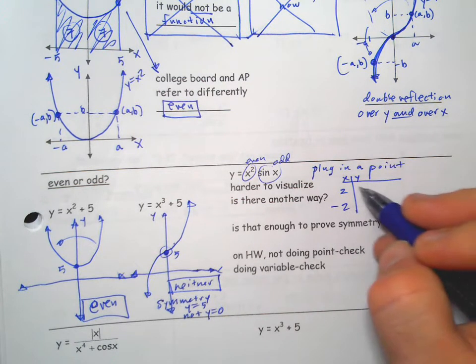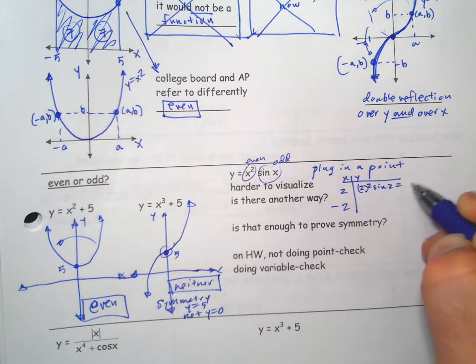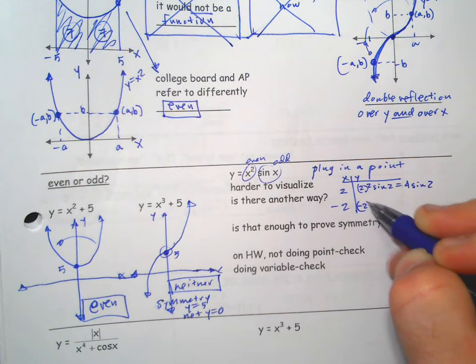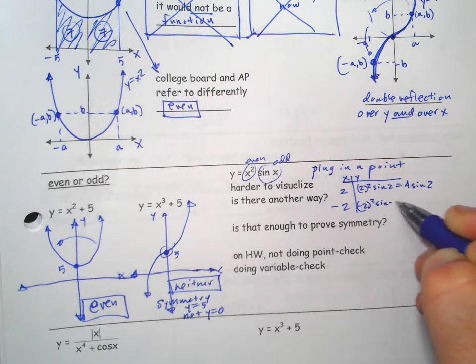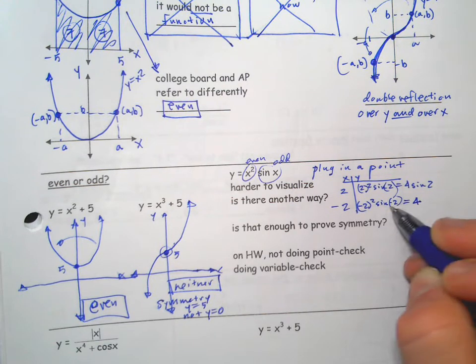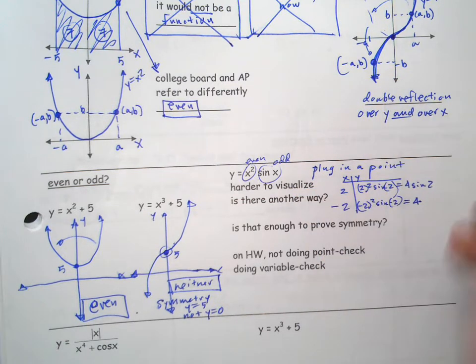If I plug 2 in, I get 2 squared times sine 2, which is 4 sine 2. And if you plug in negative 2, you get sine of negative 2, which gives you positive 4 times it. Now, sine does have this odd symmetry.